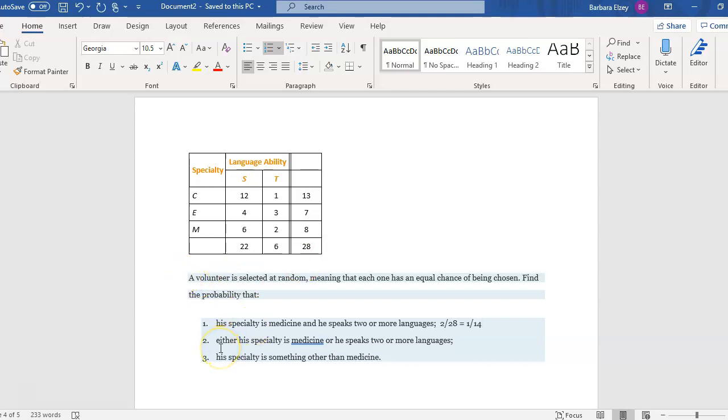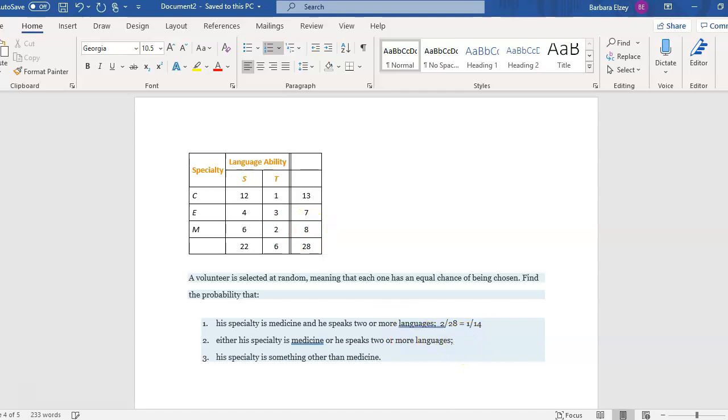Now, let's look at 2. Now we're looking at choosing someone who either has a specialty in medicine or speaks two or more languages. Well, everybody in this row has a specialty in medicine, and everybody in this column speaks two or more languages. So we want to get the total of all of them. Everybody in the row here would be 8.